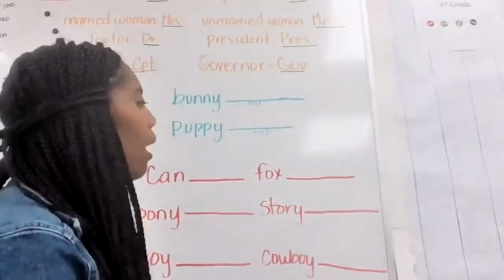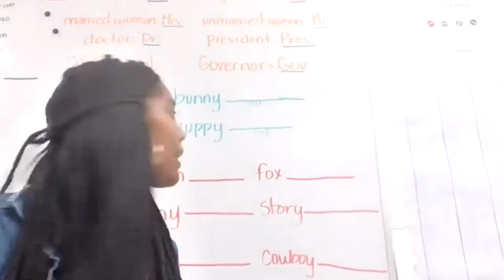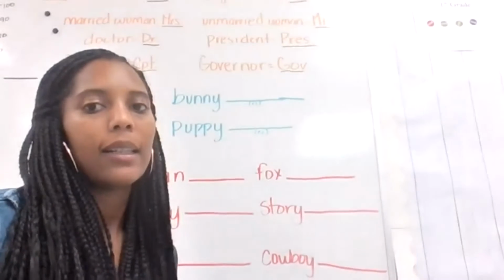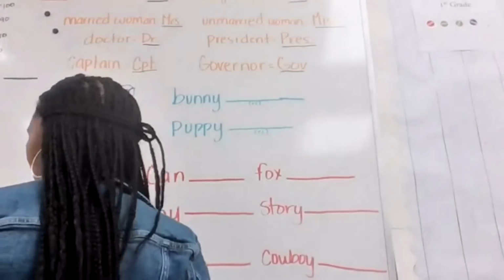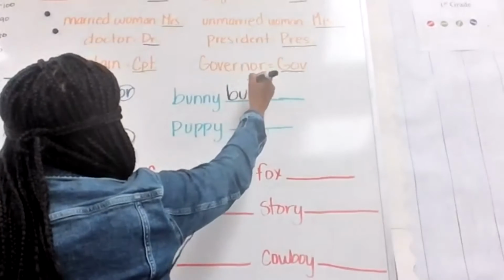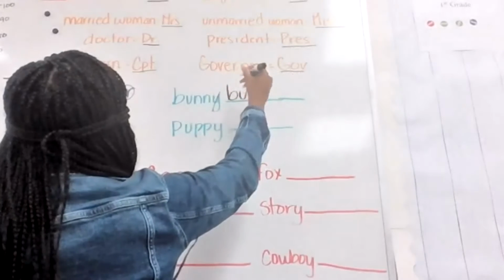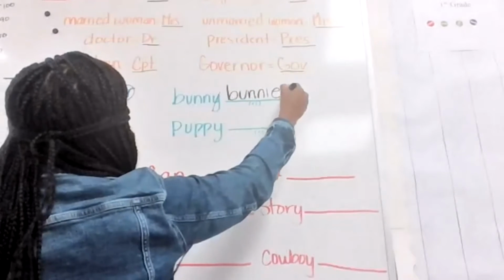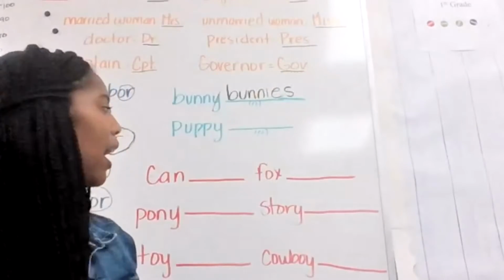So bunny, how would I write bunnies? I'm adding ES to it. Okay, Harlem, how do I write bunnies? B-U-N-N, take out the Y and put an I and ES. Good, bunnies. Next I have puppy.